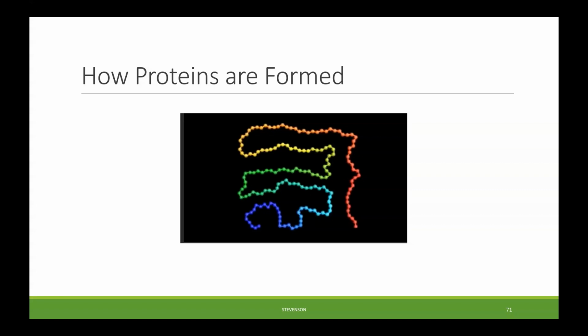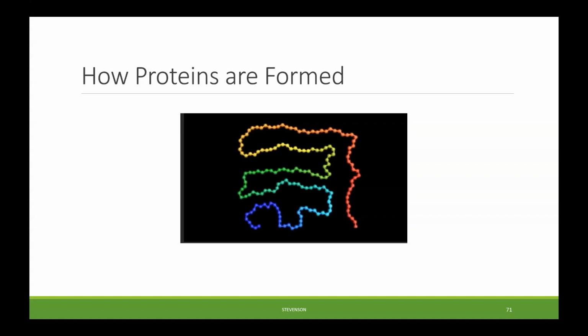So here we have a highly simplified depiction of what that big long chain of amino acids might look like. In this illustration, each amino acid has been represented by one little bead in the chain, and we want to take this broad overarching view of the protein chain because the key to how any given protein works in the body is the way that the chain becomes folded into a three-dimensional shape.